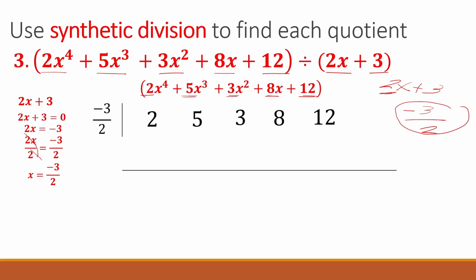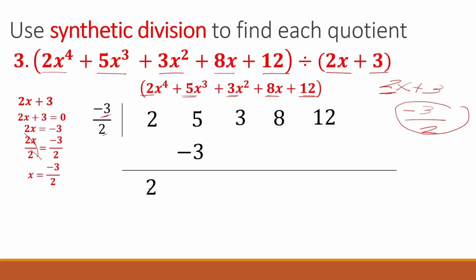Again, same process: you bring down the first number, 2. Since this is a fraction, this is our method: you multiply by the numerator and divide by the denominator. 2 times negative 3 is negative 6, divided by 2, so that is negative 3.